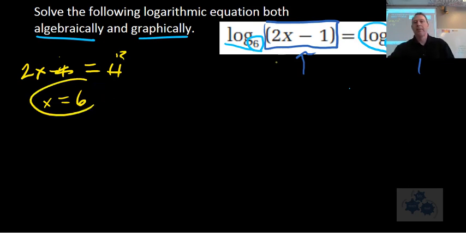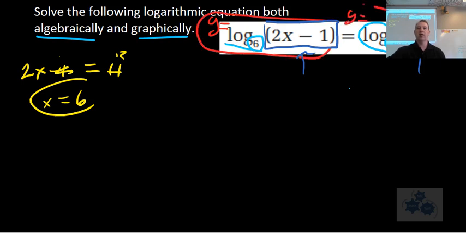Pretty straightforward. The problem is graphing this. Now we know that we can graph the corresponding functions for each side, but our calculators generally don't do base 6. So you want to remember the change of base formula.